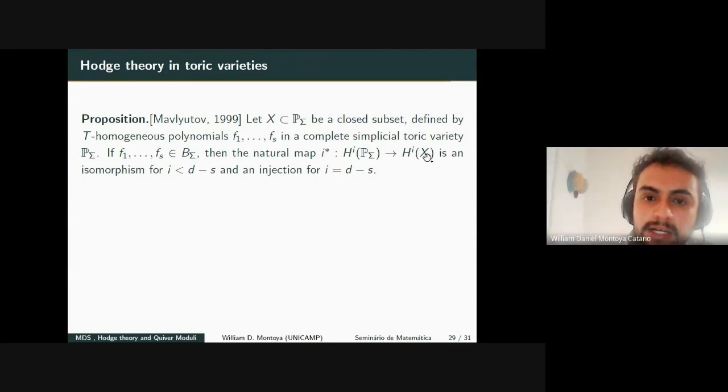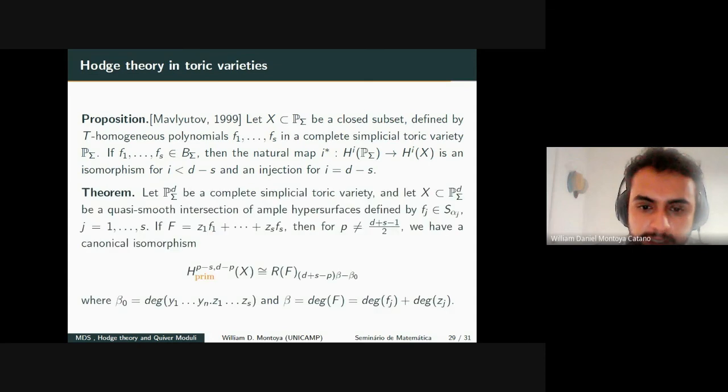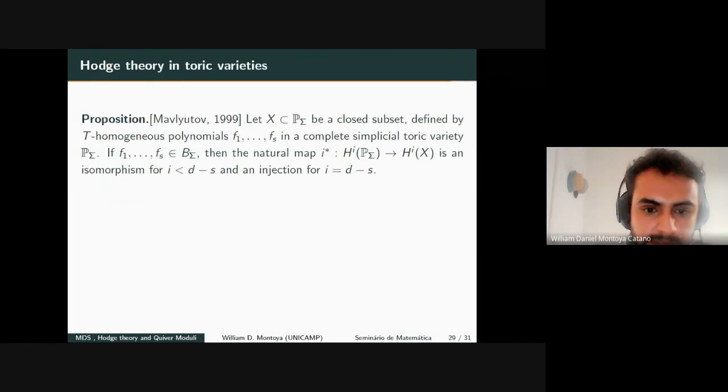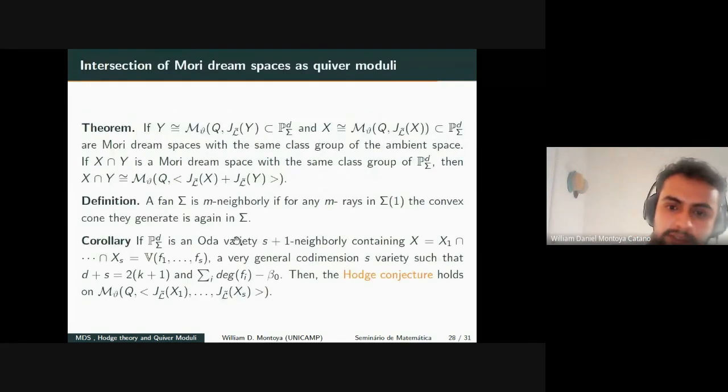And under suitable conditions, you can tell exactly when all of them are coming in that way from algebraic subvarieties. That, for example, is the case here, as I say here. That means the Hodge conjecture holds.